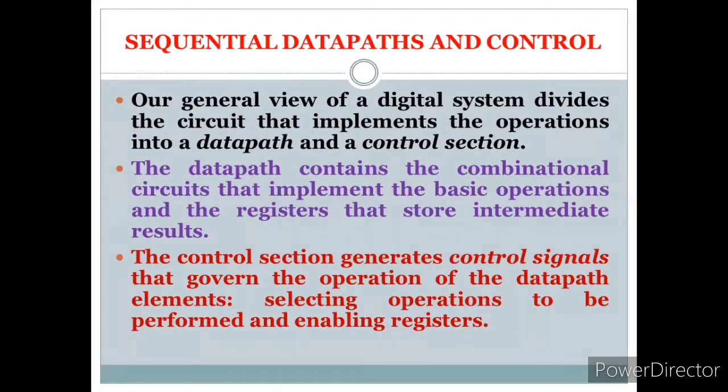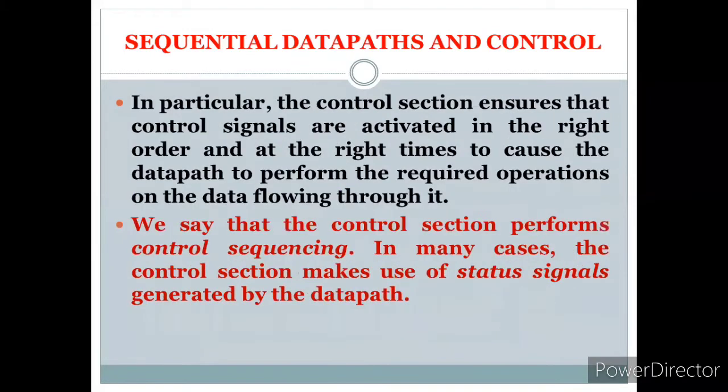The control section controls how the data is to be transferred from the input to the output. In particular, the control section ensures that control signals are activated in the right order and at the right time to cause the data path to perform the required operations on the data flow.